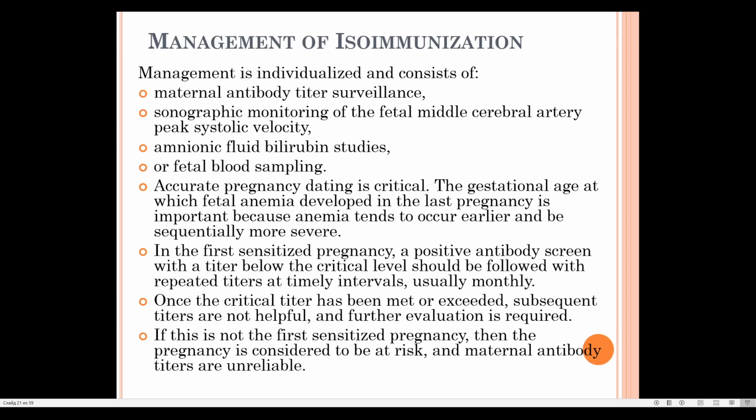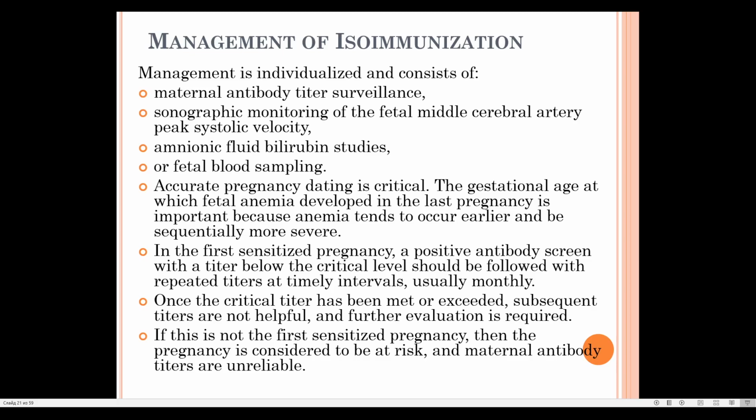It's a Doppler velocimetry. Next one is amniotic fluid bilirubin studies. It can be done with repeated amniocentesis, or fetal blood sampling, which can be done with cordocentesis. Accurate pregnancy dating is critical.